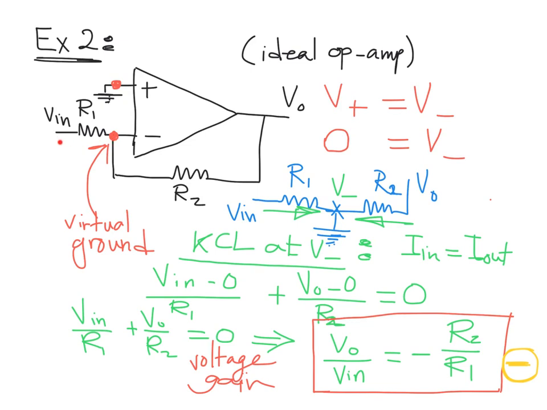So here we have Vn minus this ground over R1, which will be the current between this ground, 0 minus Vo over R2.